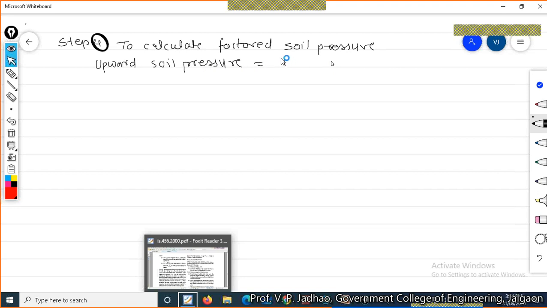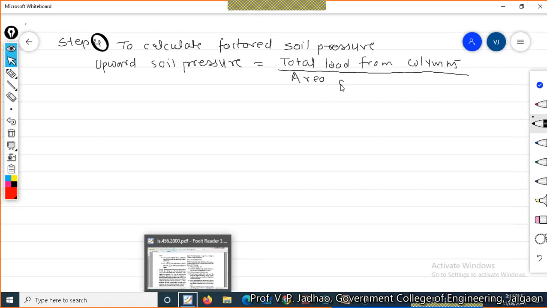The upward soil pressure is equal to total load from columns divided by area of footing.